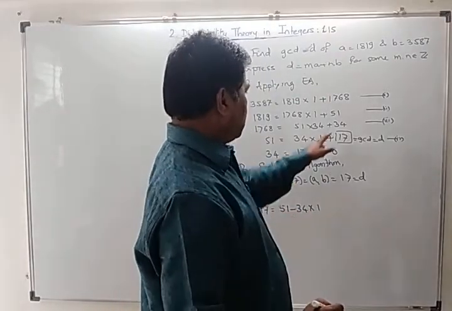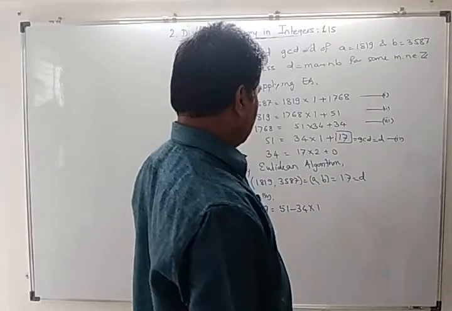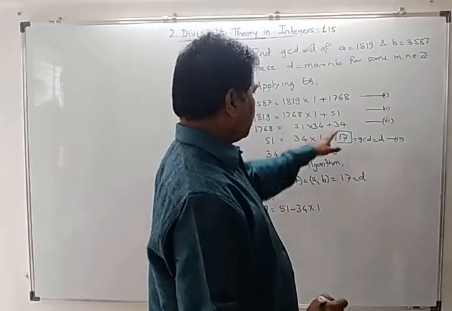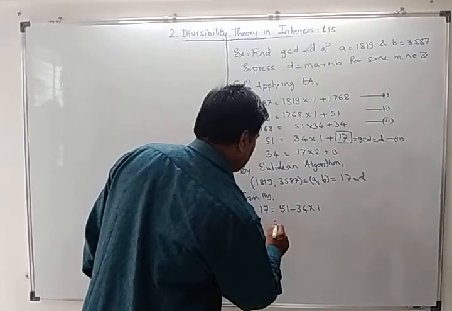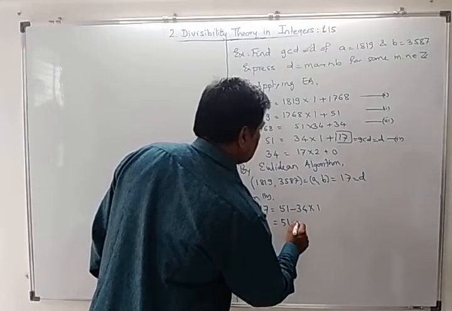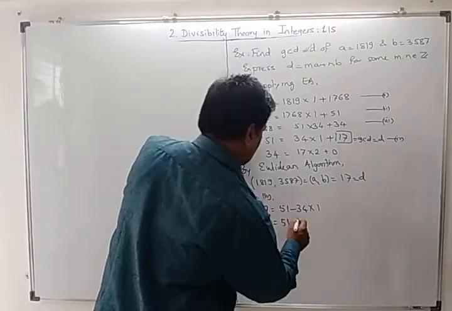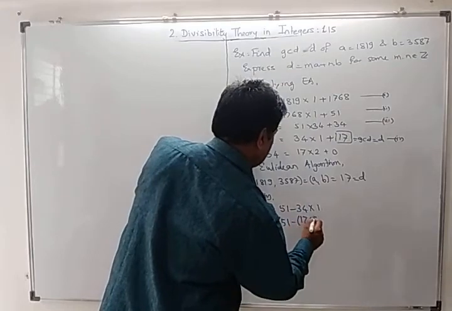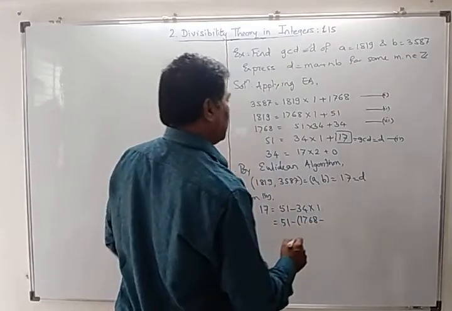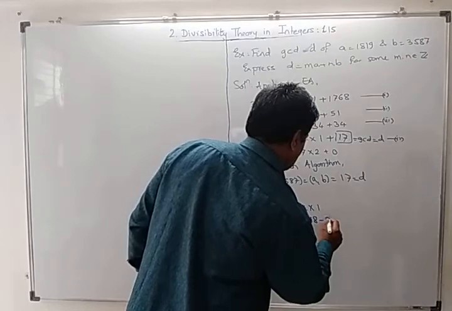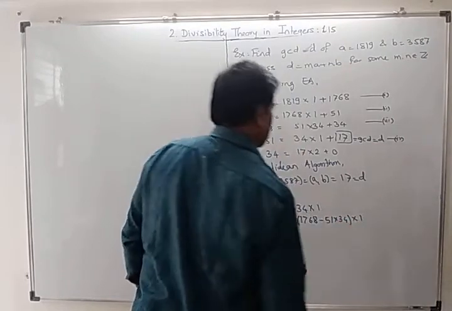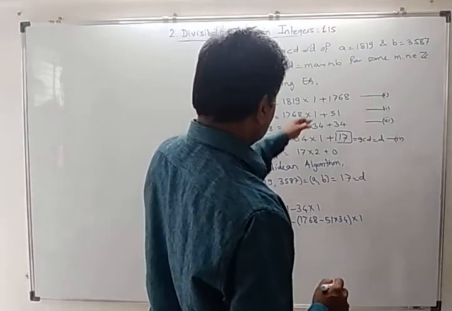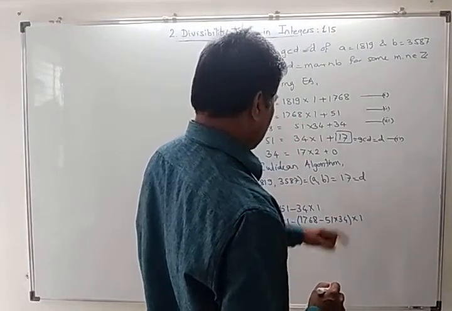Then by using the previous equation 3, we'll put the value of 34, the previous remainder. So we'll get 51 minus 34 is equal to 51 minus (1768 minus 51 into 1), since 34 is 1768 minus 51 into 1. Now here the quotient is just 1 everywhere.